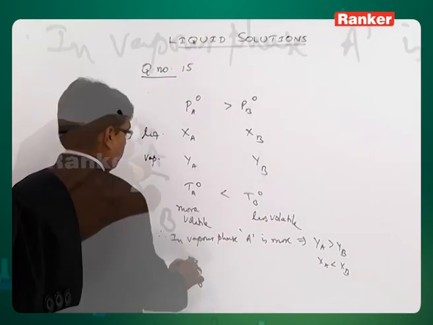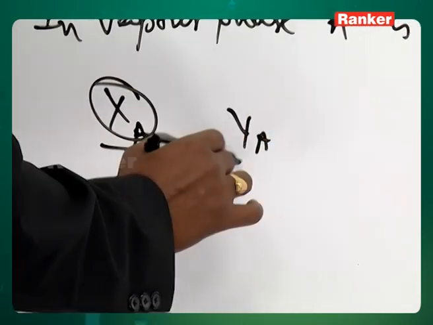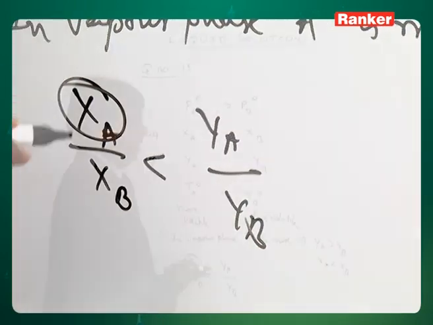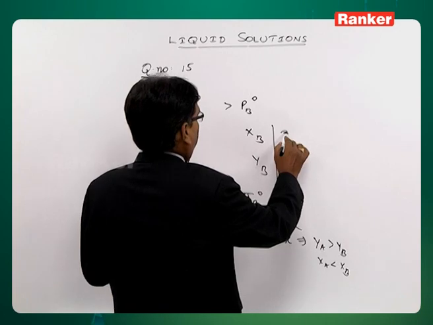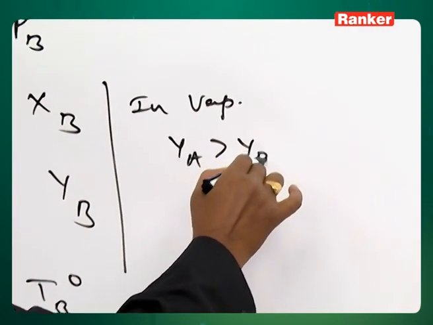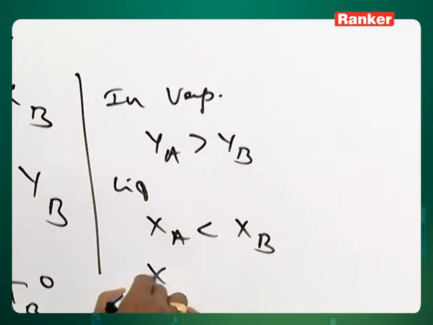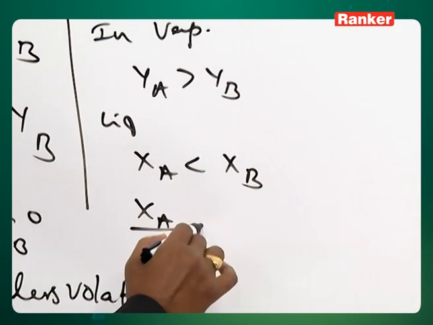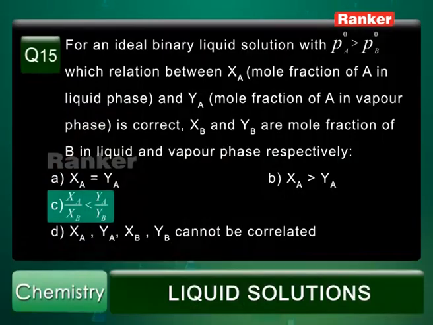XA is a smaller quantity than XB, and obviously YA is a larger quantity than YB. So, in vapor phase YA is greater than YB, in liquid phase XA is less than XB, therefore XA by XB is less than YA by YB. So, the answer must be option C.